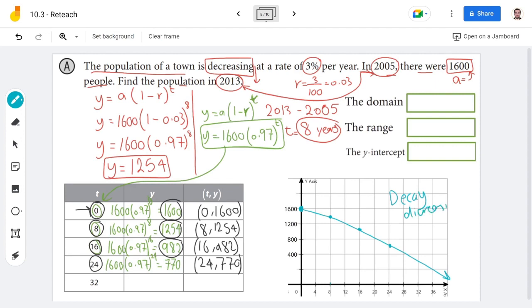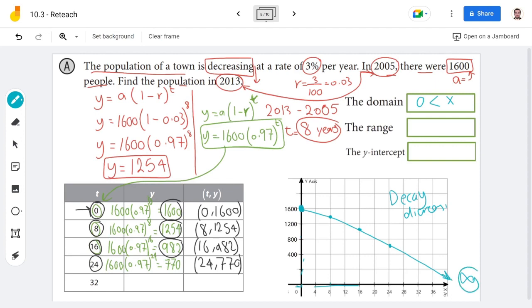Now, if I ask you the domain, from the left it's always from 0 to positive infinity on the x-axis. Then the range is from the lowest point. What's the lowest point?